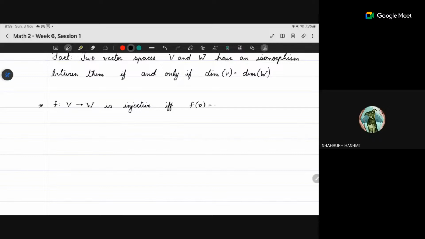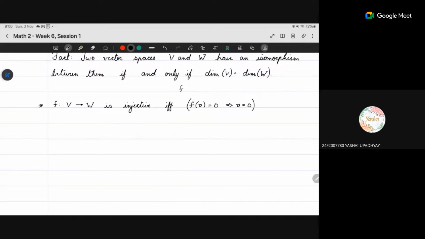If f of v is equal to 0 implies v is equal to 0, let me just call it this. So the only vector that goes to 0. But f of 0 is equal to 0 is covered, right? This property of linear transformations that f of 0 is equal to 0. Yes, sir, this has been covered.